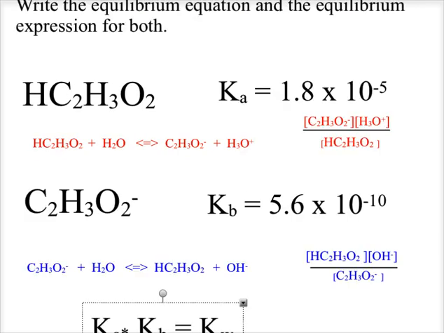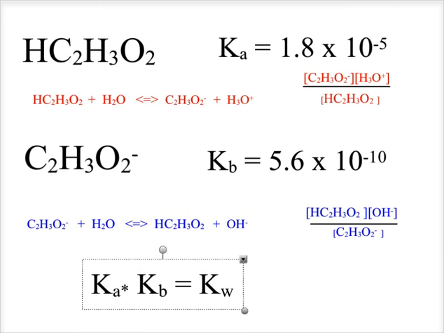So this expression for Ka multiplied by this, notice what terms drop out, and you're left with hydronium ion times hydroxide ion, and the value that it will equal will be 1 times 10 to the minus 14th. So if you're given Ka, you can calculate Kb, and vice versa.